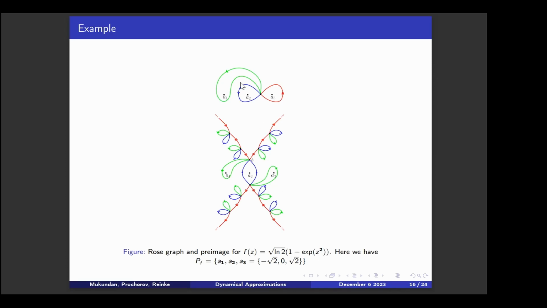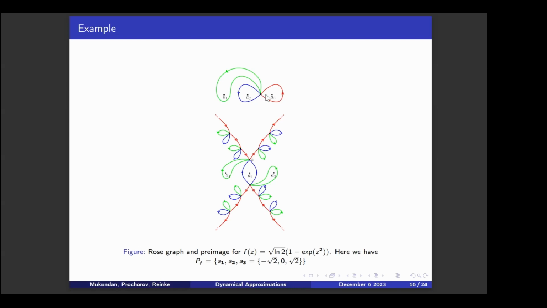For ln2, I just take the argument in 0 to pi. So the top graph is, so the points A1, A2, A3 represent the post-singular set in this case. So 0 is, I think, in fact, a critical value, and one of the others is an asymptotic value, and one of the asymptotic values maps to the other, and that one is fixed. So you have some nice dynamics here. So this is the entire post-singular set.